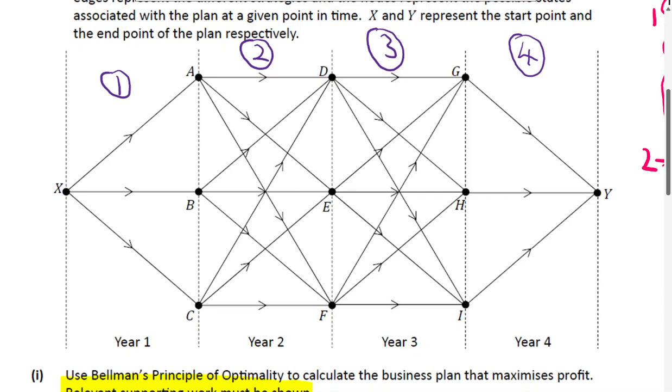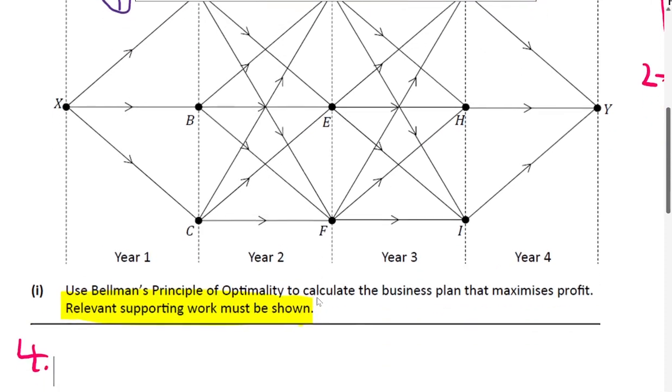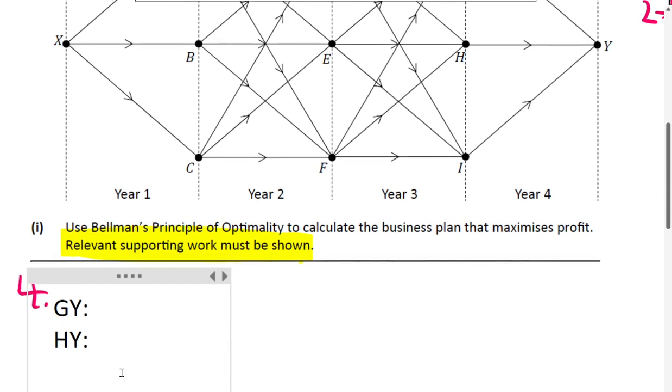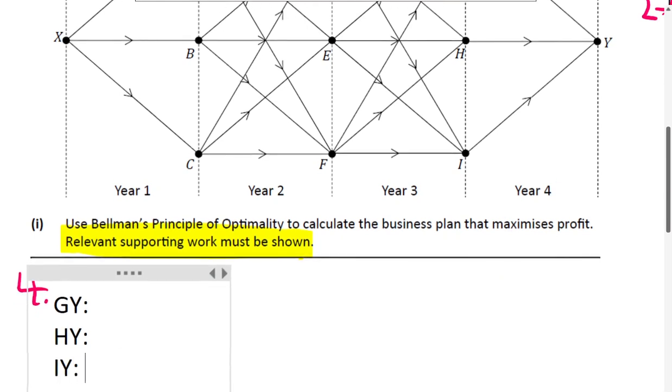Well, we have GY, HY, and IY are the 3 paths in stage 4. So what I'm going to do is actually I might write this down. So GY, HY, and IY.